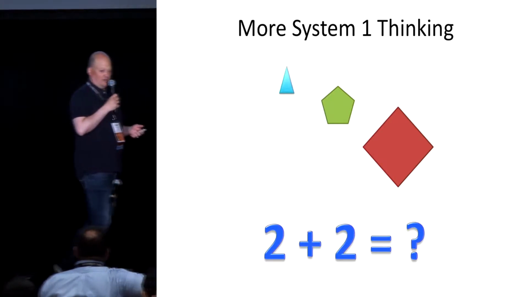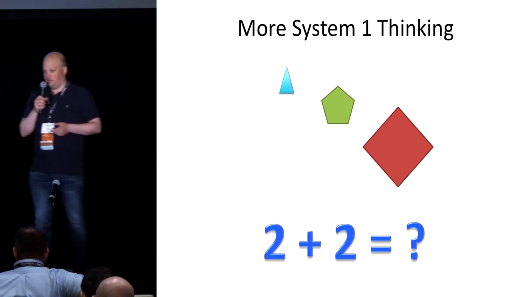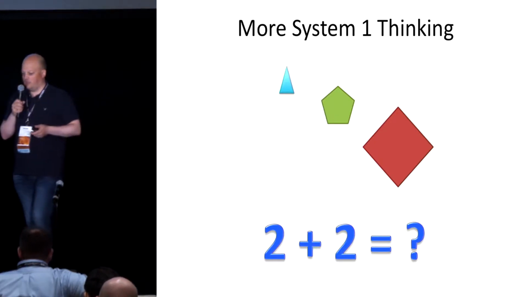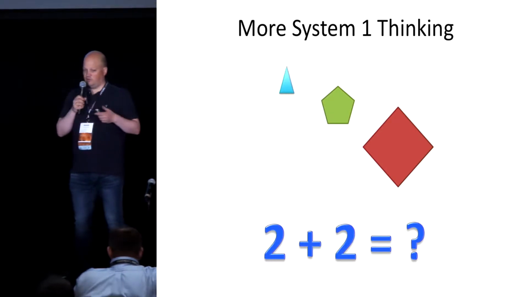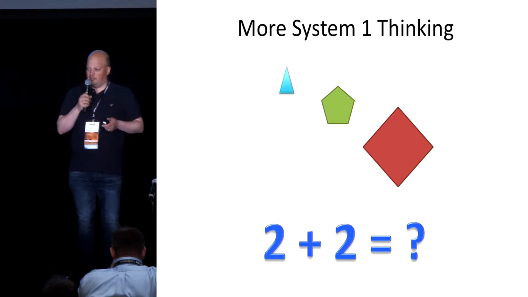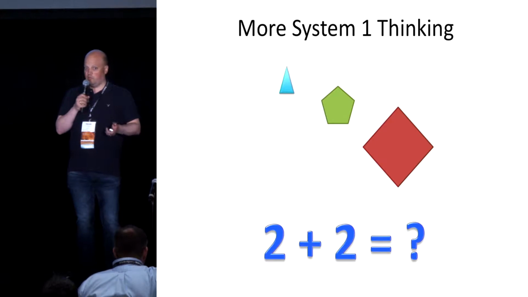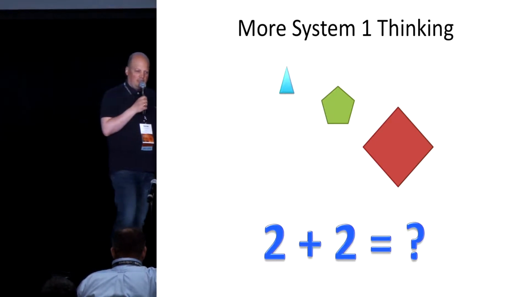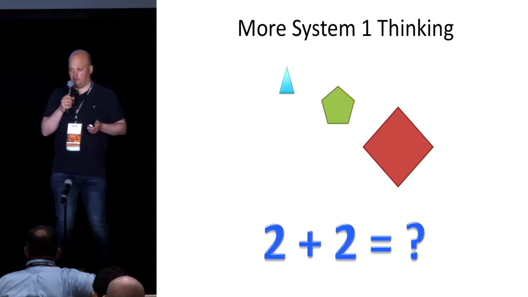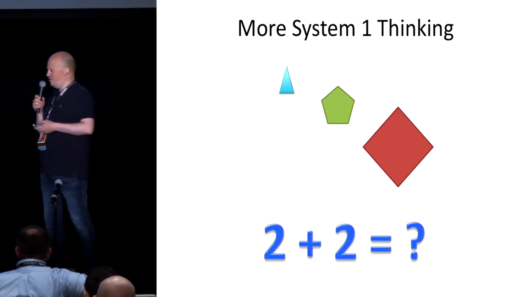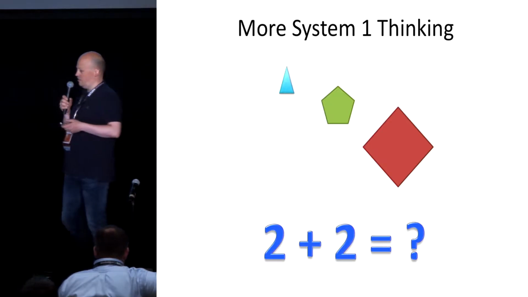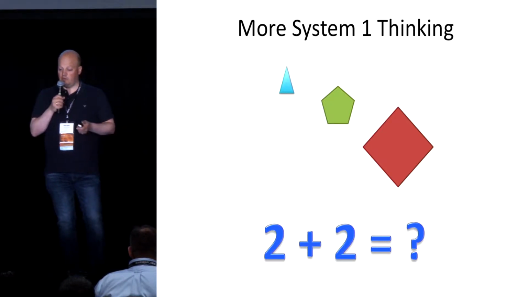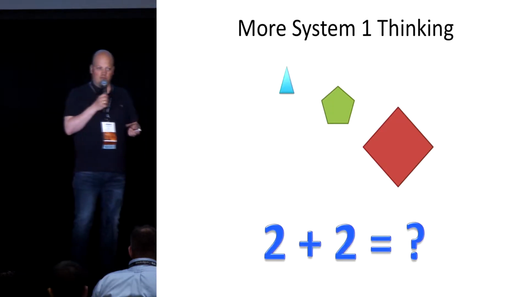If you have read your Kahneman, you know that he talks a lot about System 1 and System 2 thinking. If you were to ask people briefly, what is 2 plus 2, they will quite easily answer 4, I hope. But if you give them a few beers and get them somewhere where they're not really comfortable, they might give a totally different answer, depending on the circumstances.